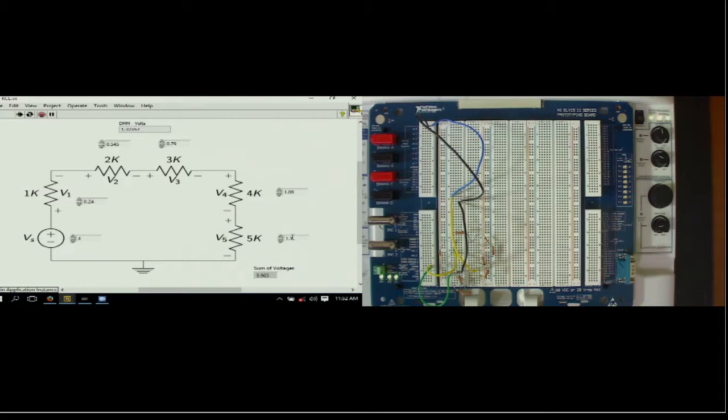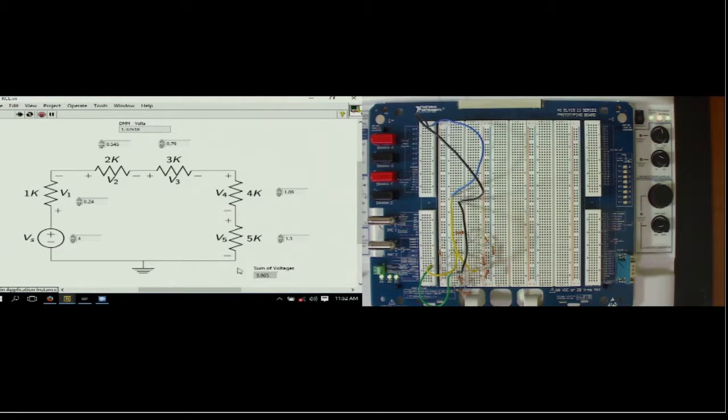The voltage drop across 4 kilo ohm is 1.09 and the voltage drop across 5 kilo ohm is 1.3. So the sum V1 plus V2 plus V3 plus V4 plus V5 is shown in this text box. The sum of voltages is coming out to be 3.965.